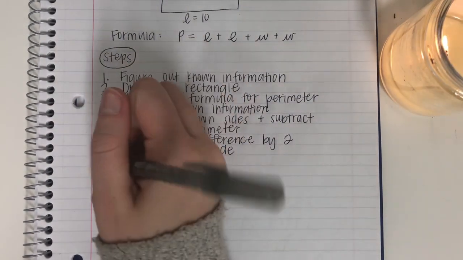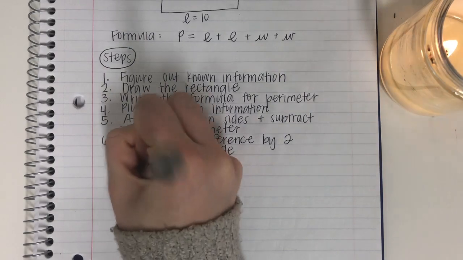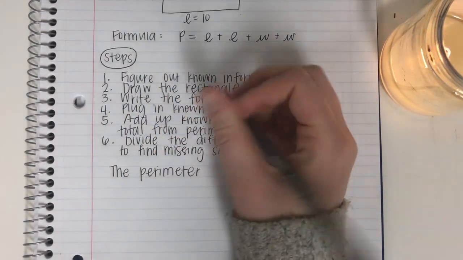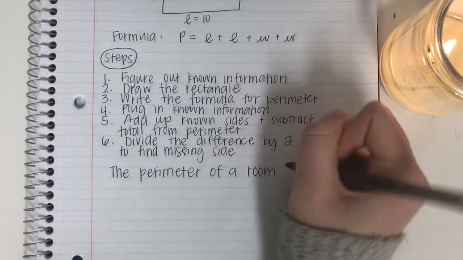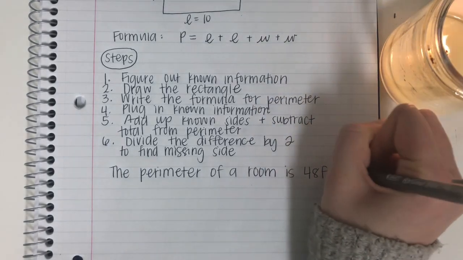Let's do an example together. So let's say that we have a problem that looks like this. The perimeter of a room is 48 feet.